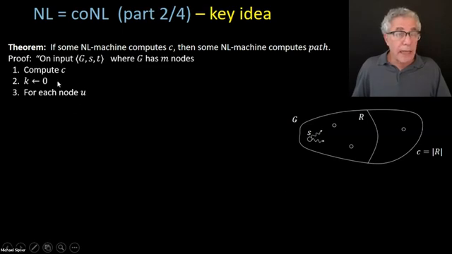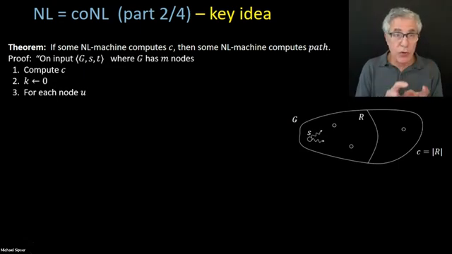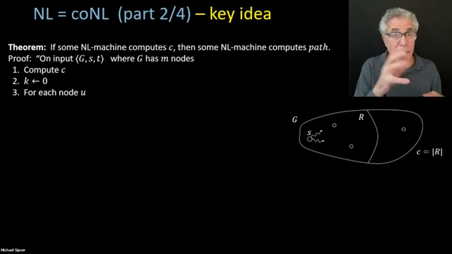So what we're going to do is go through all the nodes of the graph one by one and guess whether it's a reachable node or not a reachable node. If we guess it is reachable, I'm going to also guess the path, which shows that it's reachable.